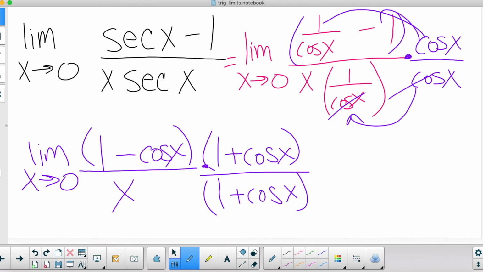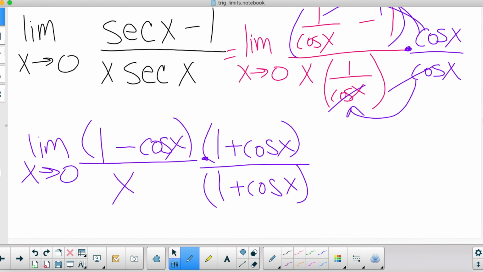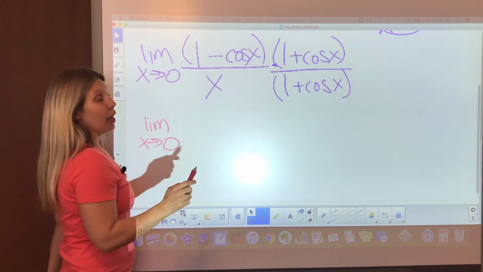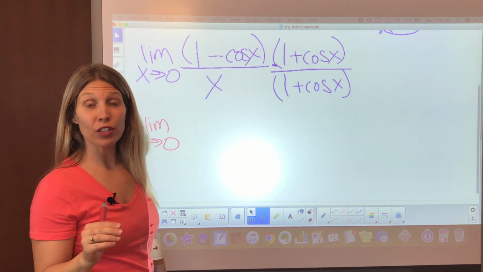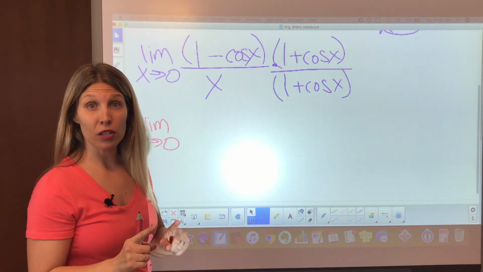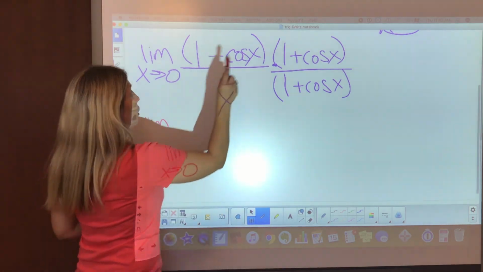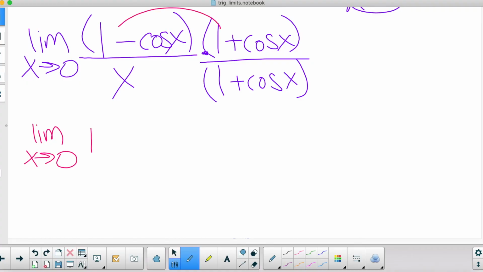Put the numerator in parentheses, and now we need to multiply this problem out. So we have the limit as x goes to 0. And what happens when you multiply factors that are conjugates of each other? Their middle terms drop out. So 1 times 1 is 1.